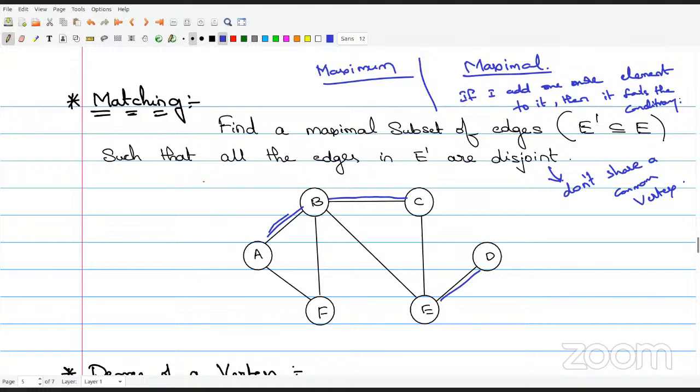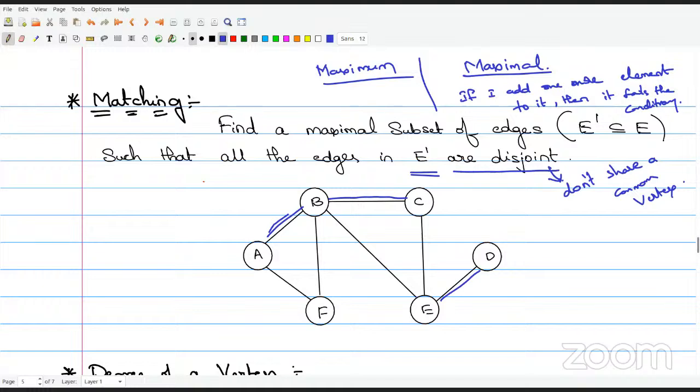So once I find a subset and say it is the maximal subset, it need not be the maximum. If I add one more edge into it, here in this context it is an edge, it fails the given condition. The condition is that all the edges in E dash are disjoint. So we try to find the subset which is maximal.